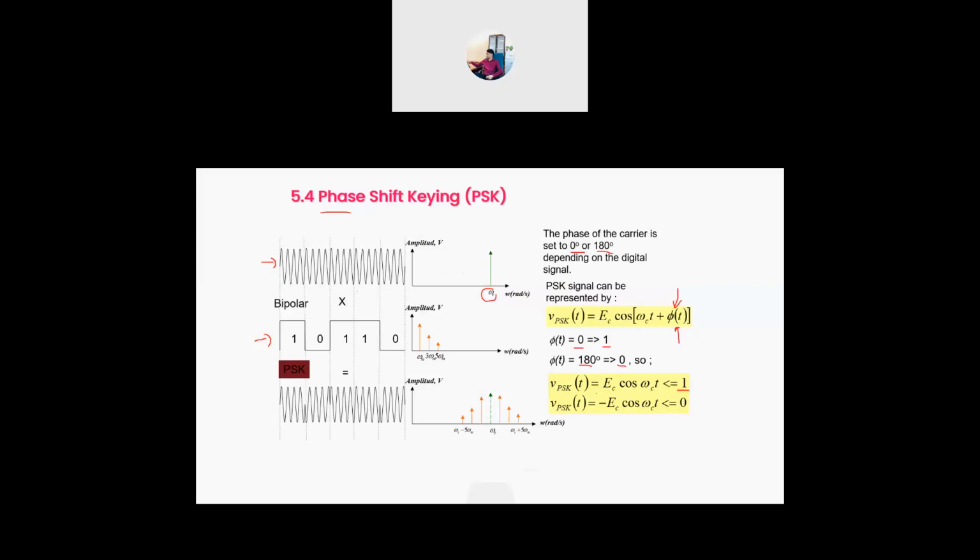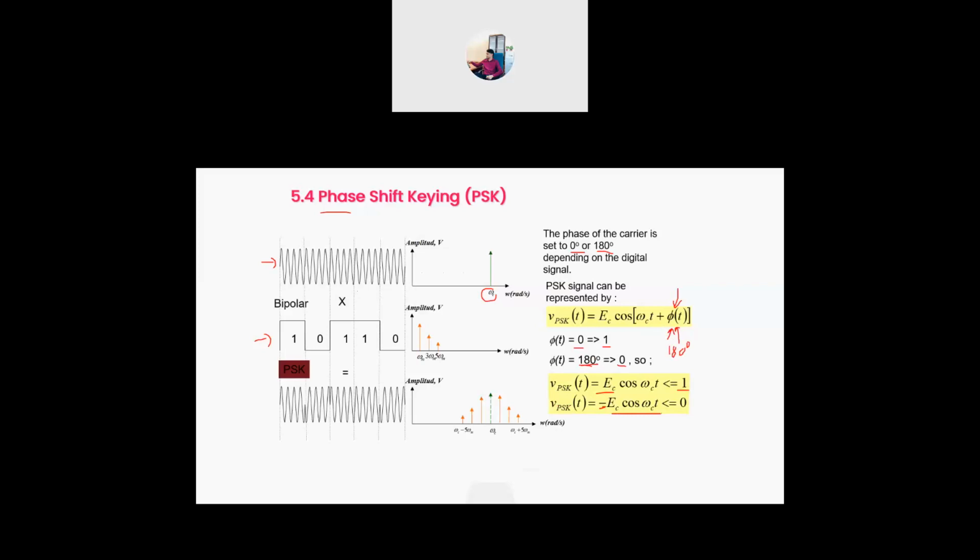And then the next, if you have phi of 180 and put it in here, you're going to have negative amplitude, negative EC cos omega CT.